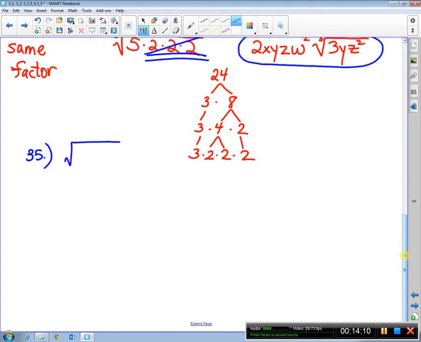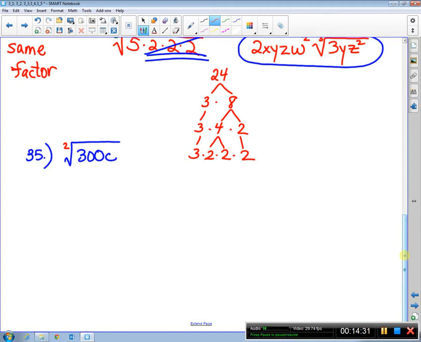35 says this, square root of 300c. And then we'll also try one of these word problems that you would be doing tomorrow. Okay? So first, we're back to square roots. If nothing's written here, it's automatically a square root. See if you can simplify that.